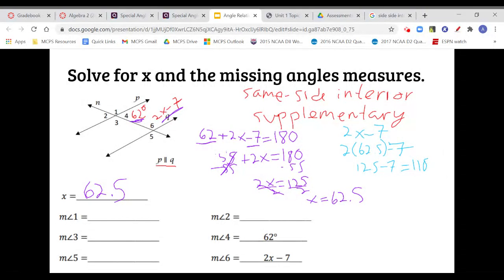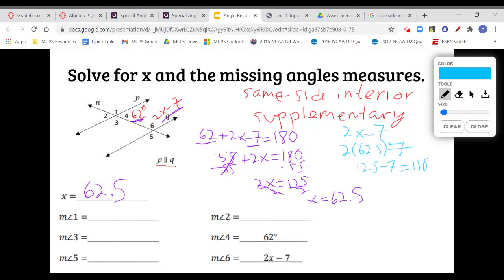So I'm actually going to replace on my diagram that expression of 2x minus 7 with 118 degrees. And I know that's slightly illegible, so I apologize for that. So I know angle 6 evaluates to 118 degrees, so I'm going to go ahead and put that down here.